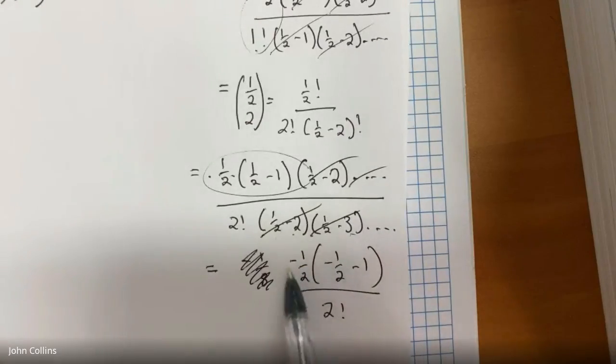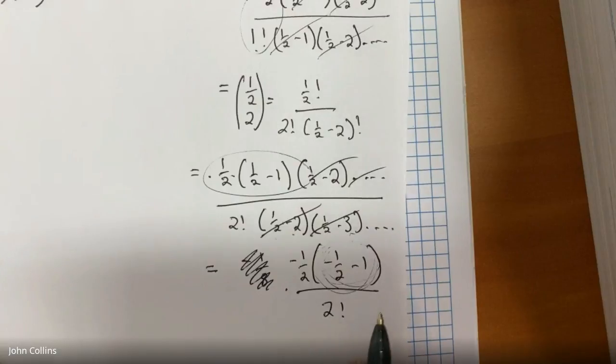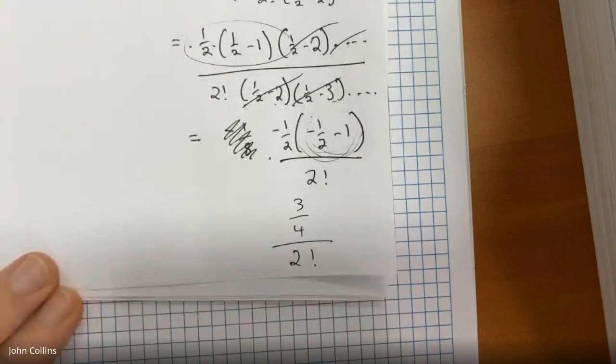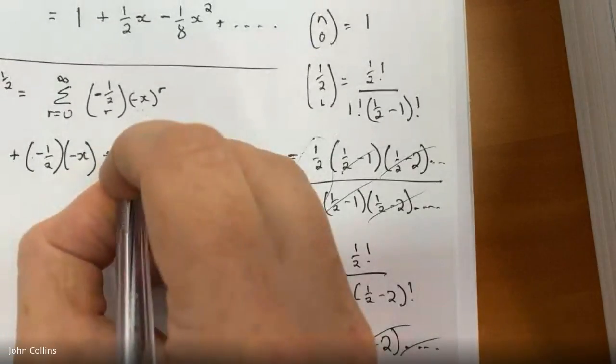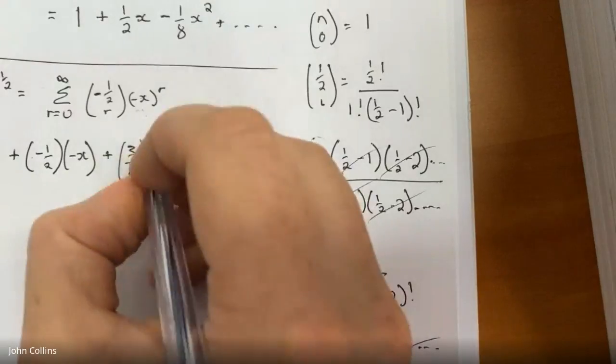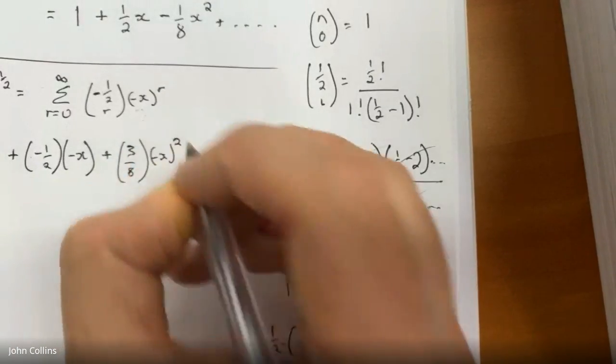So what's this going to be? It's minus 3 over 2, so minus 3 over 4, all over 2 factorial. That's going to be positive 3/8. Okay, that is what I got. So that's going to be plus 3/8, and of course that's going to be negative x to the power of 2 this time.